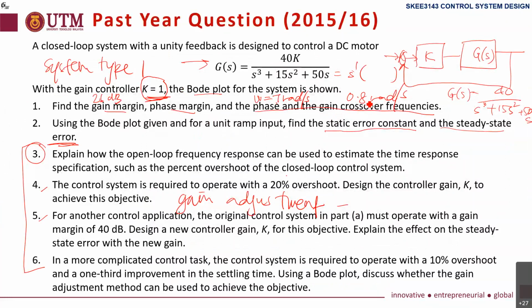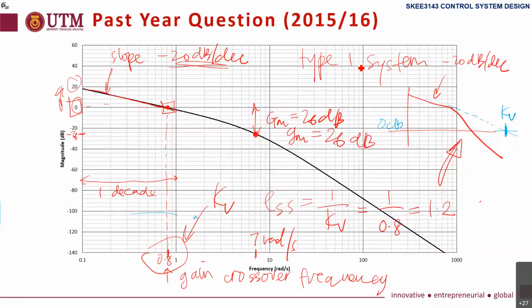Before phase margin, we also need to find the gain crossover frequency. Gain crossover frequency is where the magnitude crosses 0 dB. So we found that it is at 0.8 radian per second. That is gain crossover frequency.